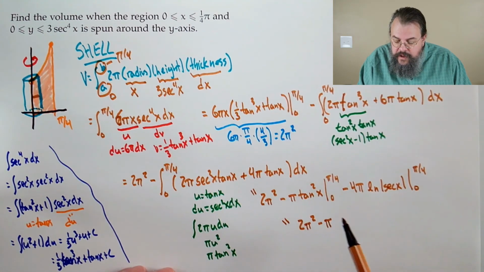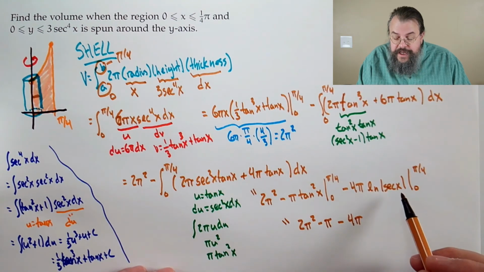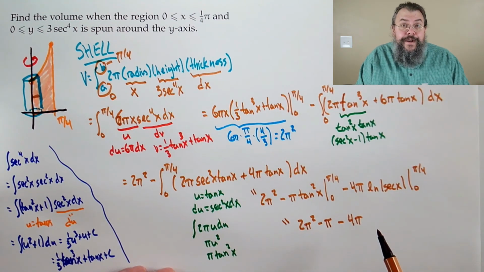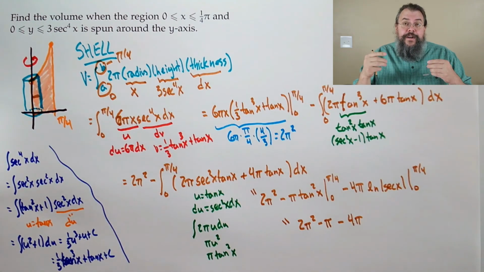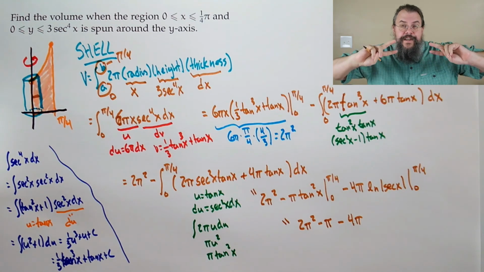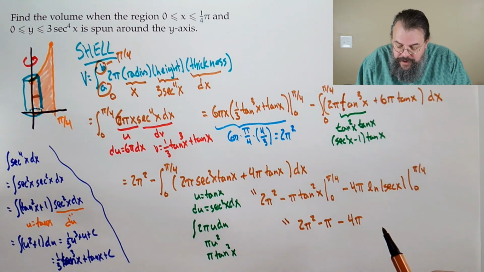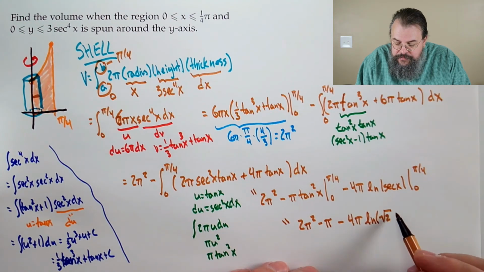Okay. Then here, minus 4 pi. Secant of pi over 4 is square root of 2. If you don't remember it, cosine of pi over 4 is root 2 over 2, also known as 1 over root 2. And then if you flip the cosine, that gives you secant. So 4 pi natural log of square root of 2.